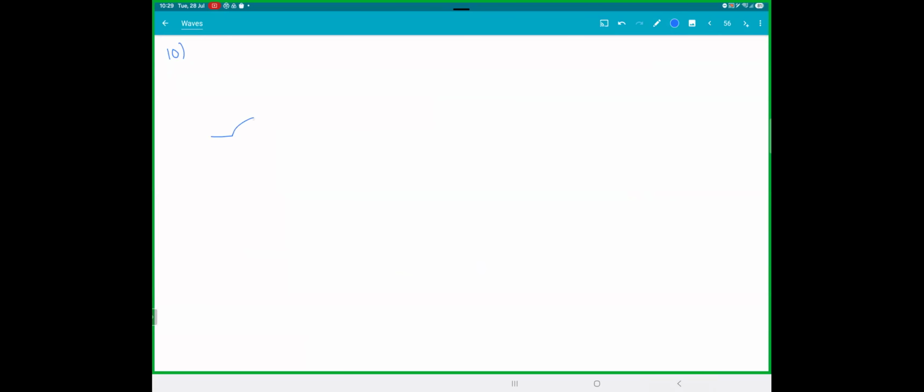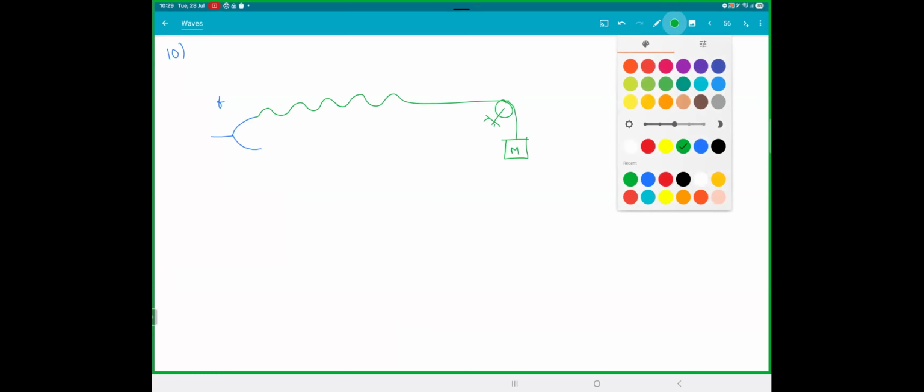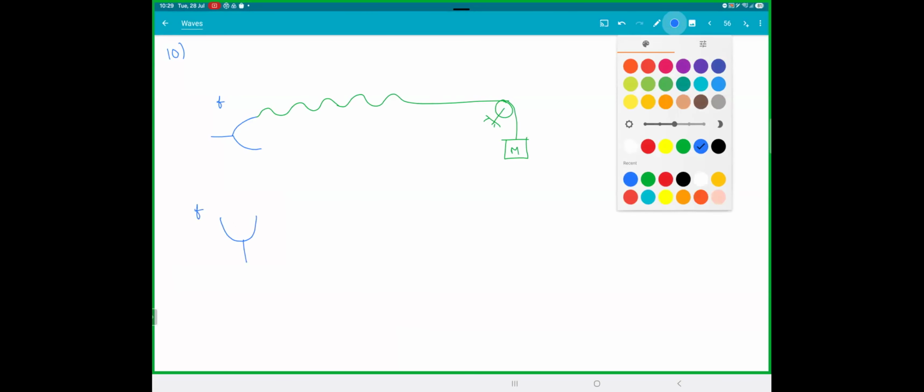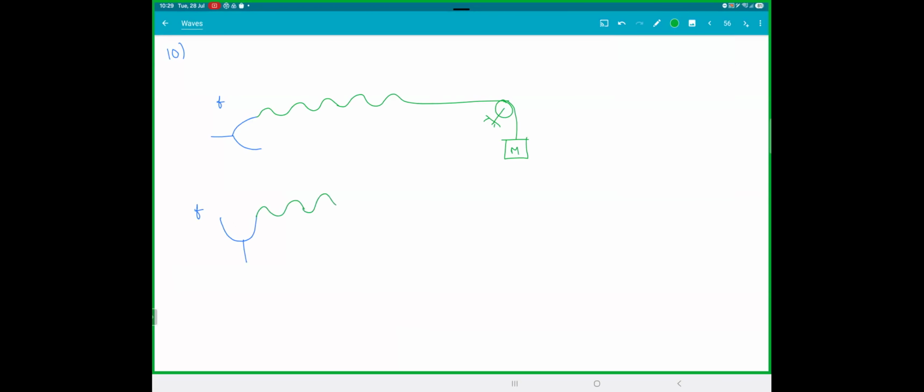So we got a tuning fork here of frequency F, and you attached a string here, and we got a pulley here, and a block here of mass M. We got a tuning fork F here, and a block here of mass 2m.